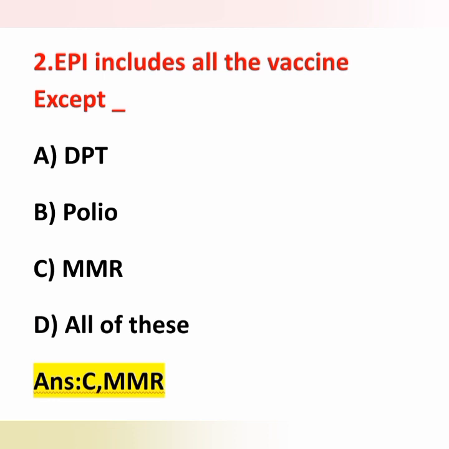In our question, EPI includes all the vaccines except is the question. So MMR is the except one. MMR means mumps, measles and rubella. But measles is included in our Expanded Program on Immunization. But mumps and rubella are not included. So answer is option C, MMR.